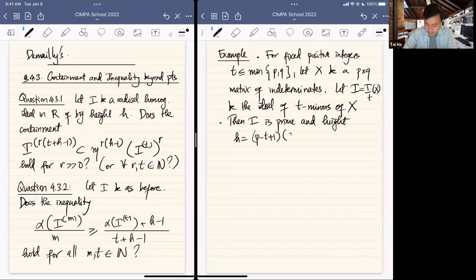So this is a famous result. If you work with determinantal ideals, you will know this.